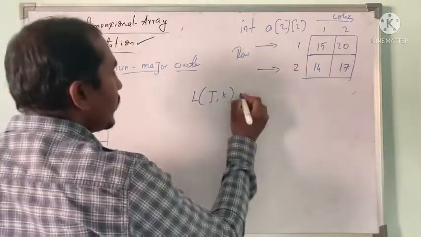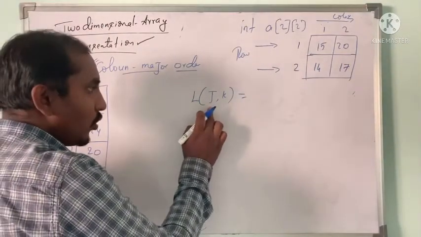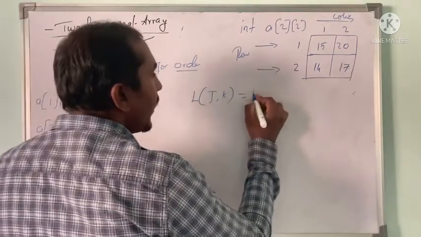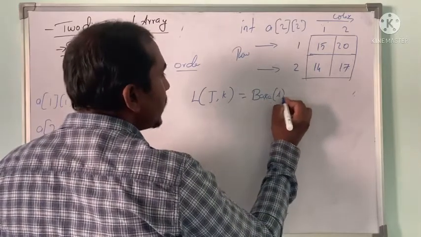Now if I want to find any element's address, we need the row index as well as the column index, followed by the base value. Base value is the starting address, which we can also call the base address.